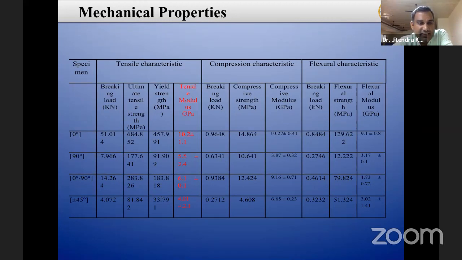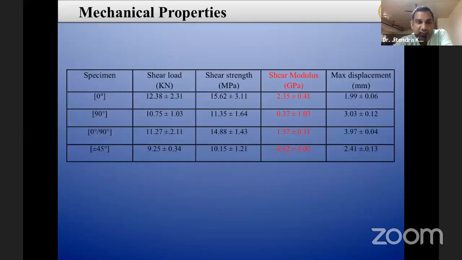Mostly we found that the 0-degree fiber orientation gives good tensile strength as well as good compressive strength and good flexural strength compared to the other orientations. Then we also performed tests to check the shear load, shear strength, shear modulus, and the maximum elongation that will happen in the composite. In that case also we found that the 0-degree laminate gives better results than the other laminates.